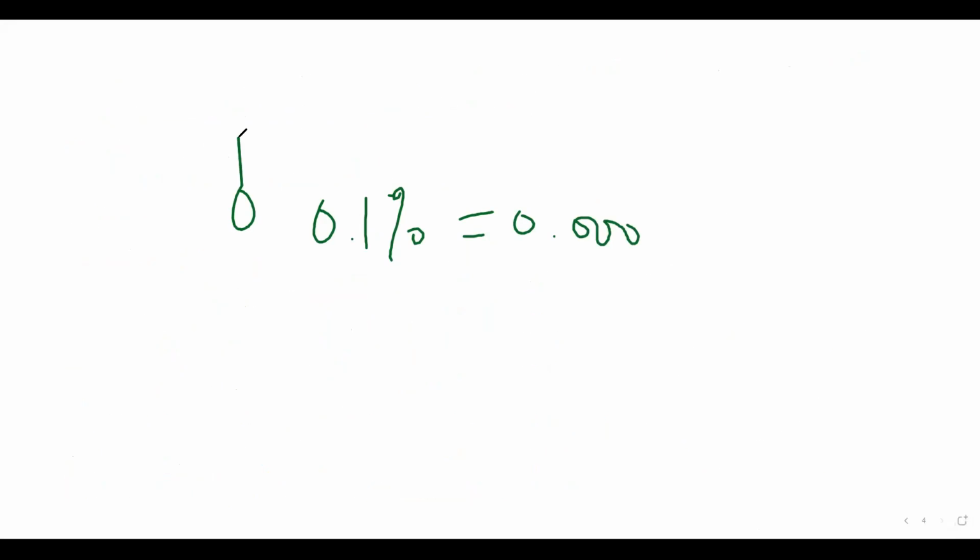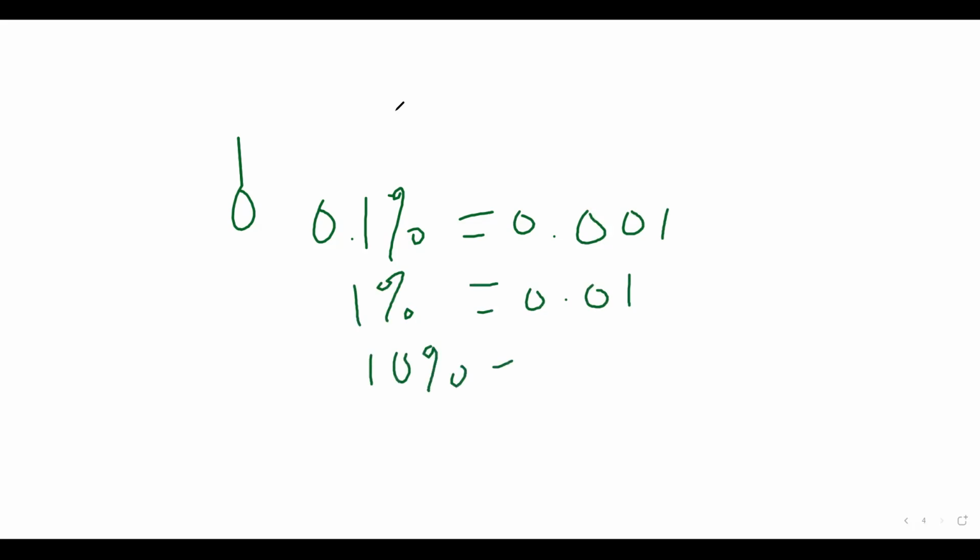Sometimes you have to open your eyes and watch this thing carefully. 0.001 is 0.1%. Now 1% is 0.01, and 10% is 0.1.